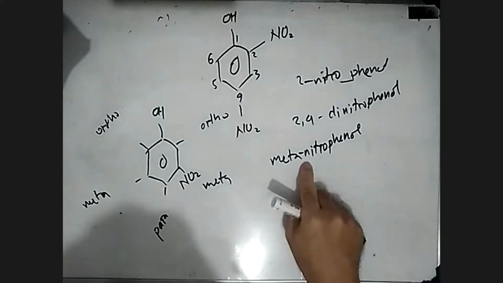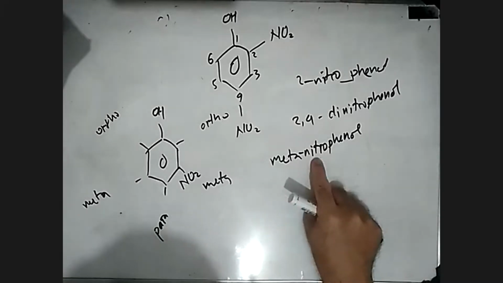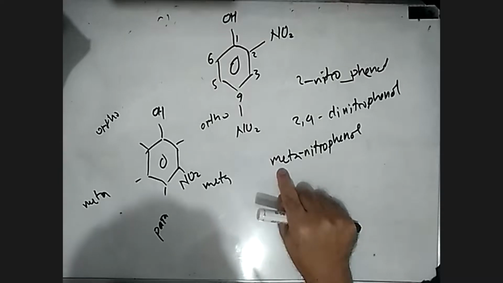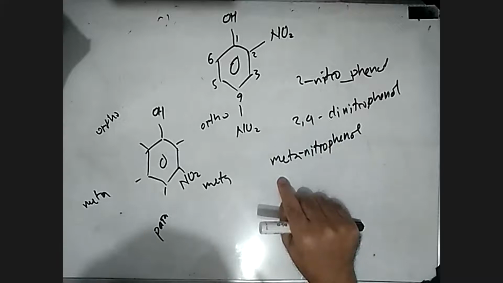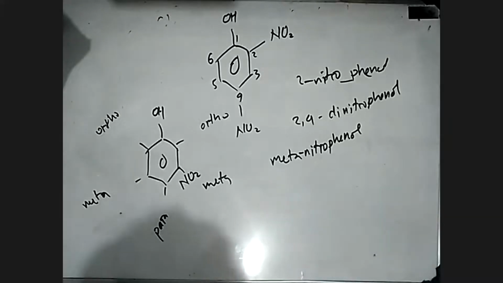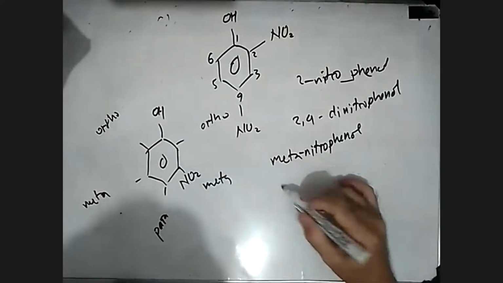The meta is given a dash because this is implying the position, not the name of a substituent. We're going to regard them the same way we are regarding numbers. Meta is position explaining, not name of a substituent. Meta dash nitrophenol. Usually, we shorten them to o, m, p, so it's m-nitrophenol.